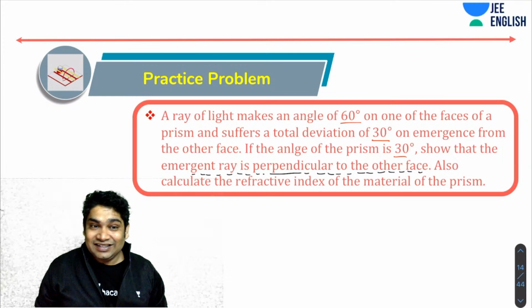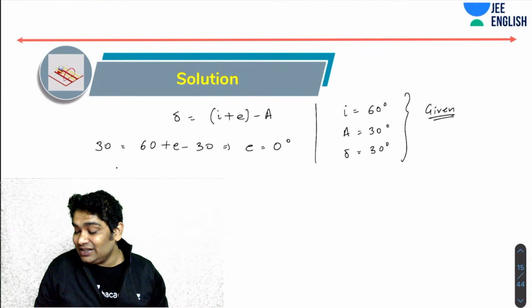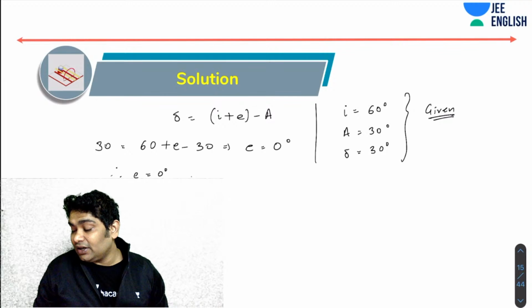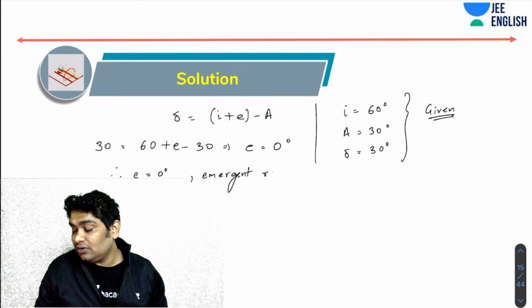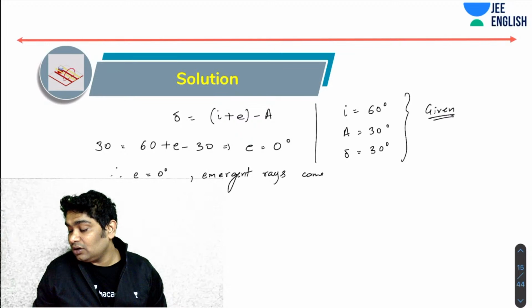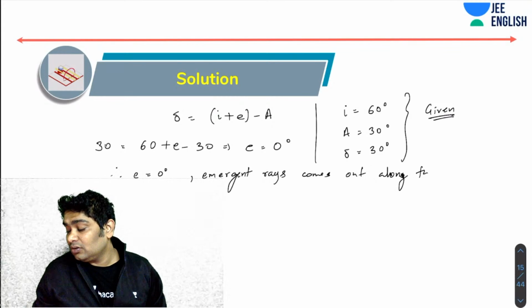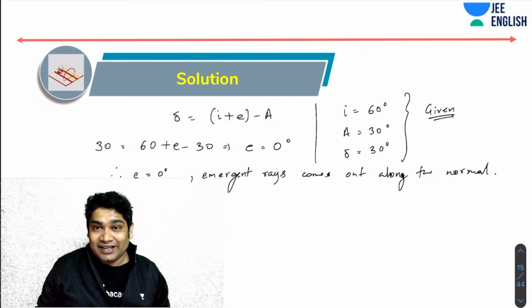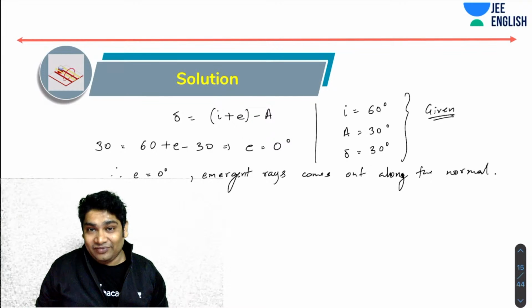Since E is 0, the emergent ray comes out along the normal. That is the proof that the emergent ray is perpendicular to the second surface.